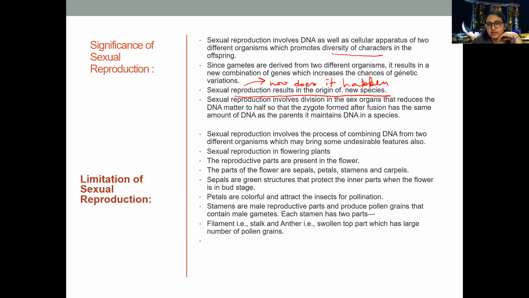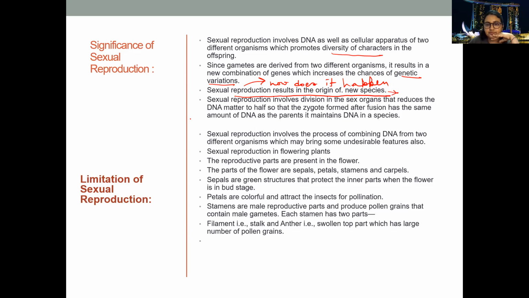So there is development of new variation also. You know what variation is, right? Yes, ma'am. The third point I'm telling you is that this variation leads to the origin of new species. How does this happen?